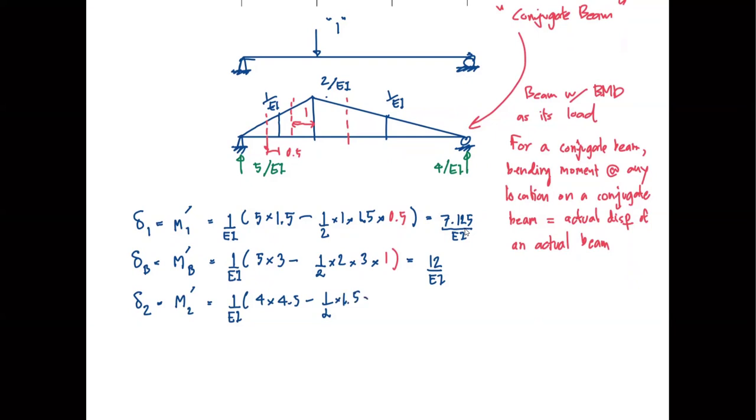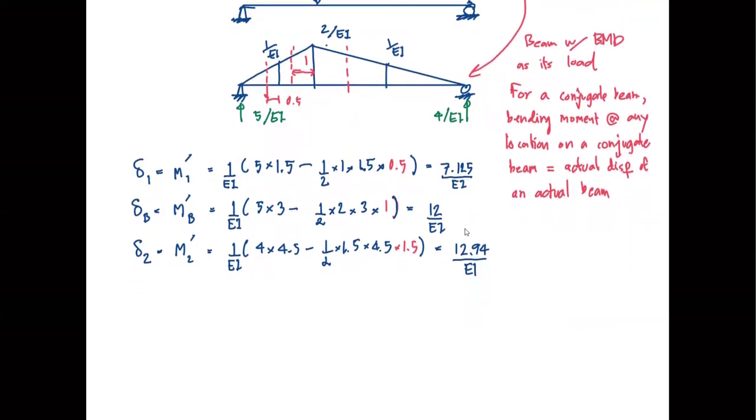The base is 4.5. And now you should know the moment arm is a third of 4.5, which is 1.5. Okay, this is 12.94 over EI.